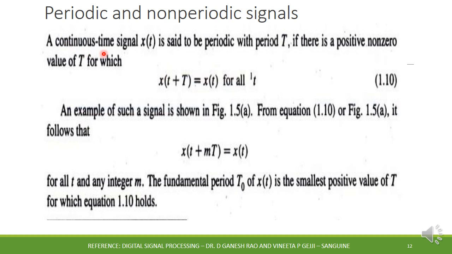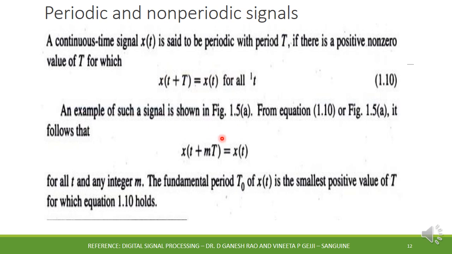Okay, so what does the continuous time signal mean? It is said to be periodic with a period if there is a positive non-zero value of T, where x of t plus T is equal to x of t. Then this type of signal is called a periodic signal, that is, a continuous periodic signal.